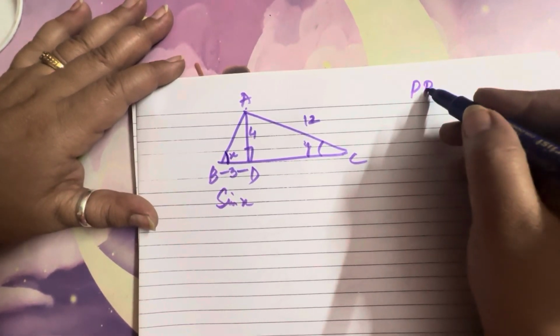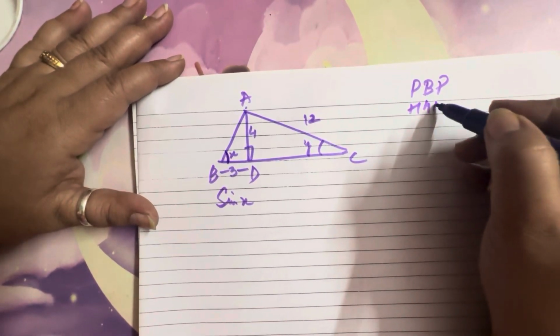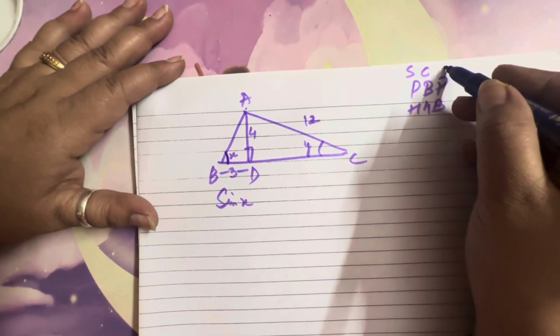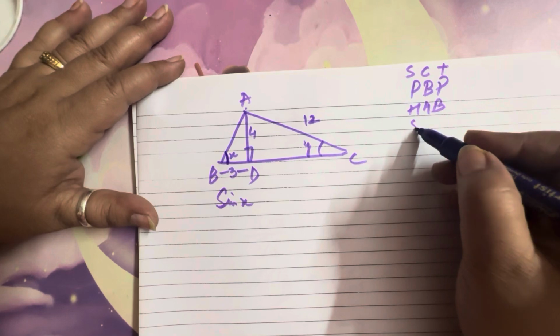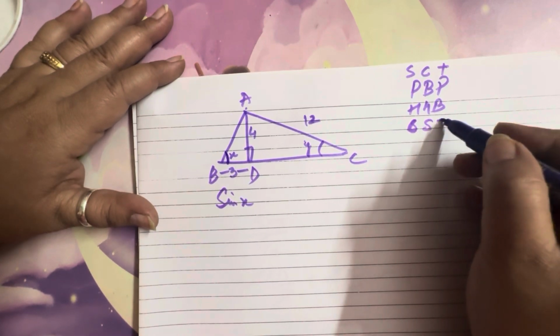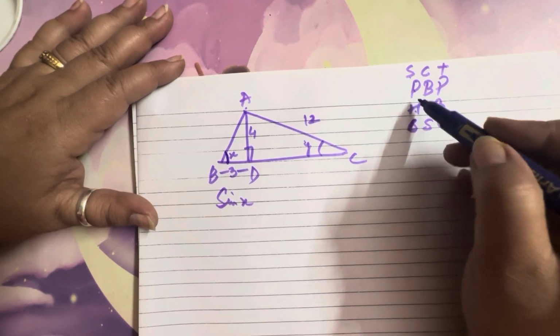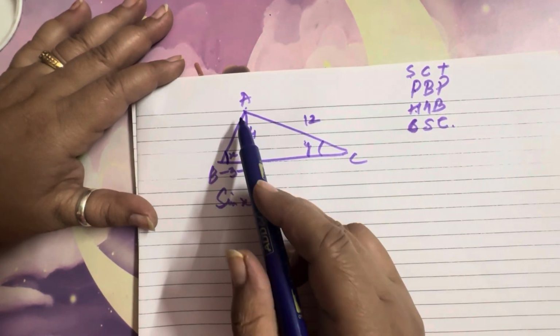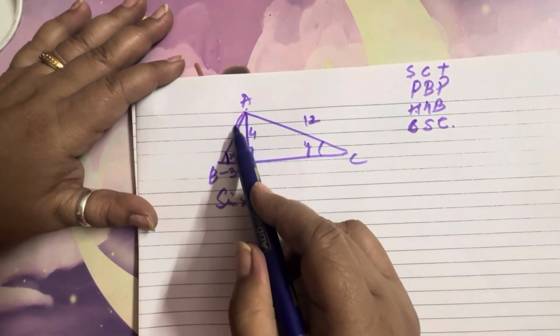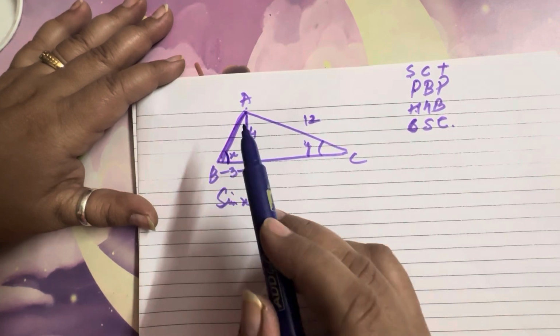We write down Pandit Badri Prasad har bole: sin, cos, tan, cosec, sec and cot. According to sin, Pandit, P by perpendicular by hypotenuse. Perpendicular is this and hypotenuse is this. But we don't know the hypotenuse.